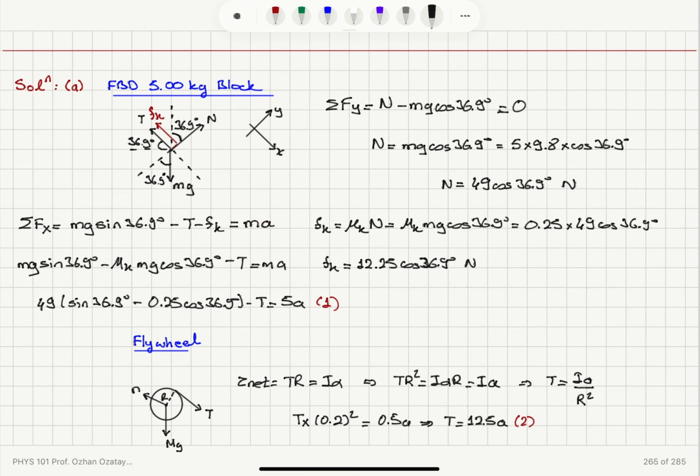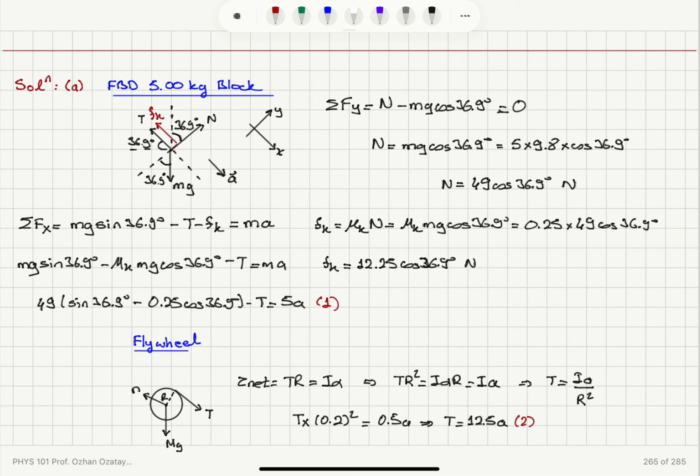So we know that this is the direction of the acceleration pointing down the incline. And the net force on the x-axis, on the motion axis, is the component of the weight on the x-axis, mg sine 36.9, minus tension minus fk, net force equals ma, Newton's second law.